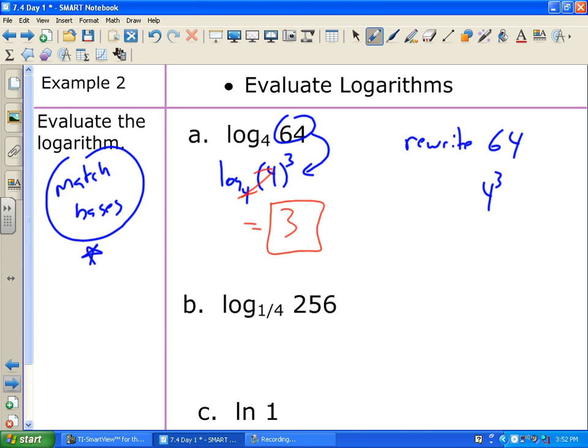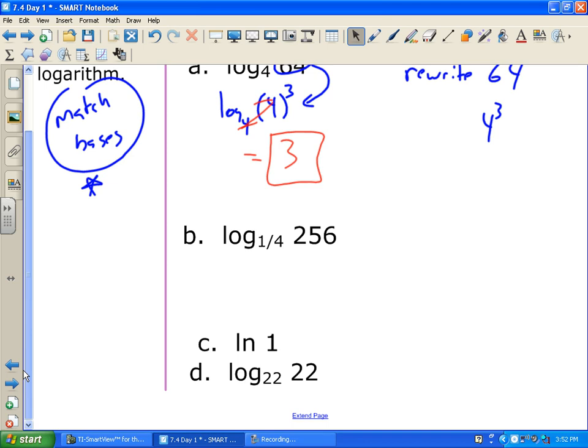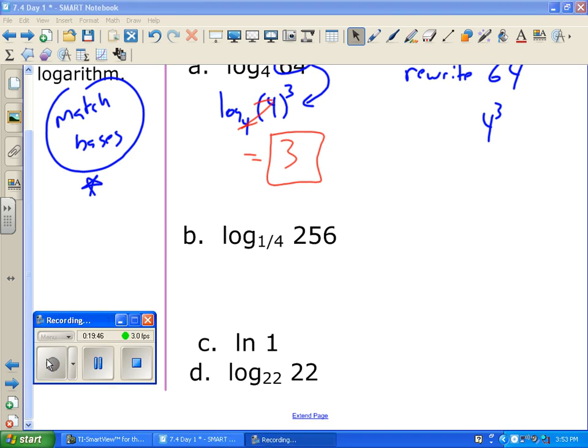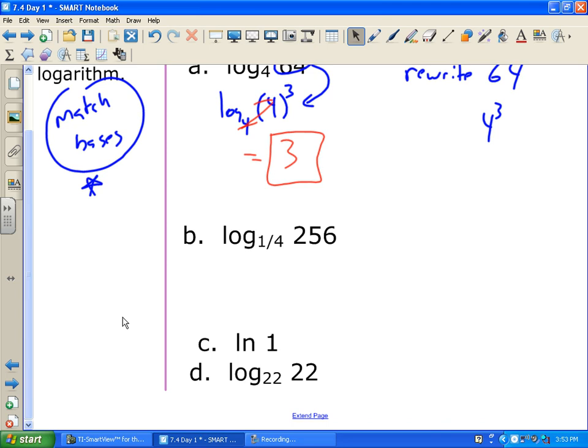Well, Ms. Wood, letter B, log base 1/4 of 256, sure does look a lot harder than what you just did. Log base 1/4 of 256 is going to be a little bit harder, but it's just because it's a fraction. So here's what we need to do. Once again, we still have to match our bases up. Log base 1/4 of 256, which really means we need to rewrite 256 as a base of 1/4.